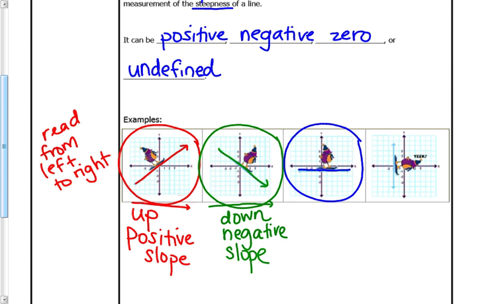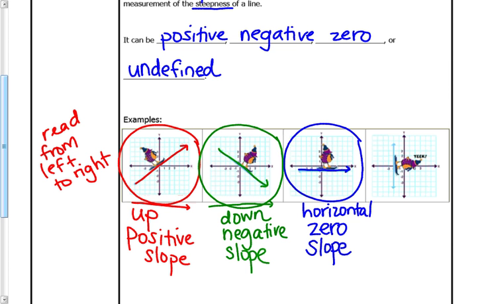So here we're reading from left to right, and this is actually a perfect horizontal line, meaning straight across. A horizontal line actually has a 0 slope because he can't move very far from here. He's not going up, not going down, kind of just stuck there.